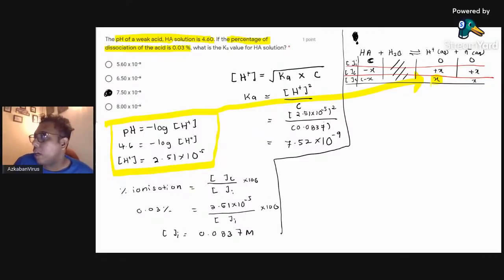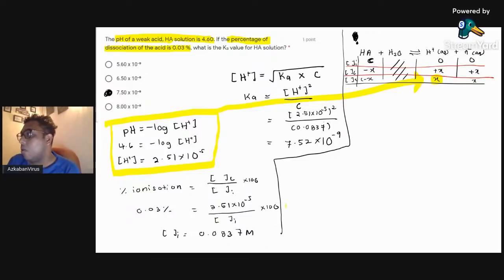Hubungan yang kotak kuning tu dengan yang saya highlight ni, dapat?